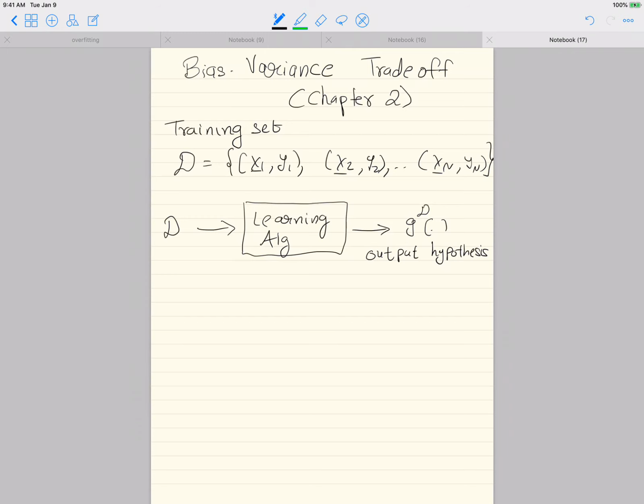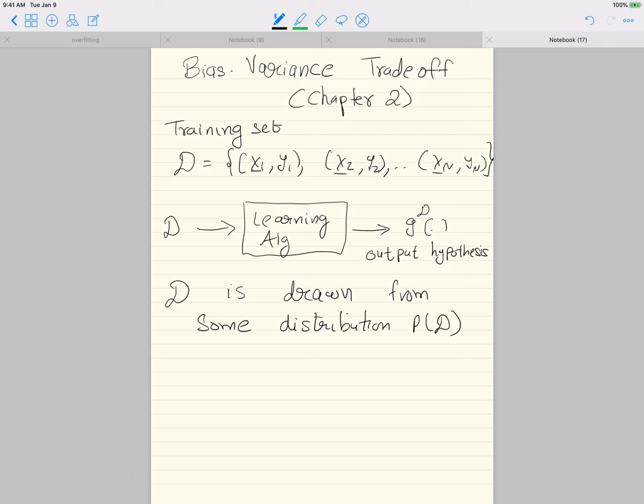Previously, we assumed that all the examples x1 to xn are generated IID, independent, identically distributed from some distribution. But today, we will just assume that the data set D is drawn from some distribution P of D. So there is some random mechanism from which our training data is drawn.